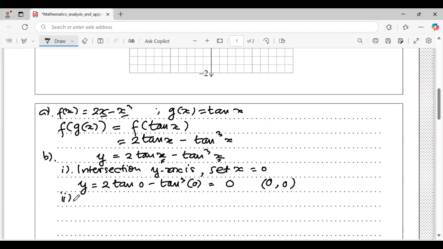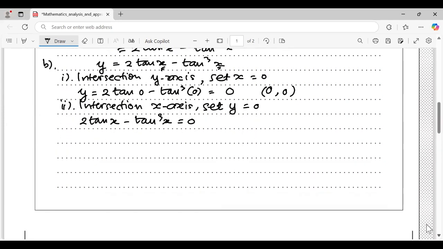And the second, we have to find the intersection between the x-axis and the graph. So we set y equals 0. Then the function becomes 2 tangent x minus tangent cubed x equals 0.